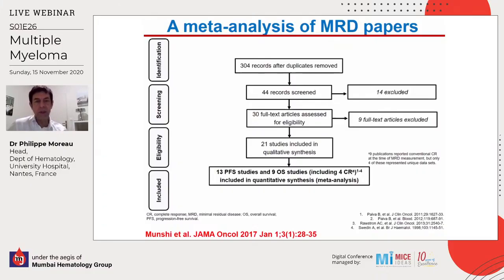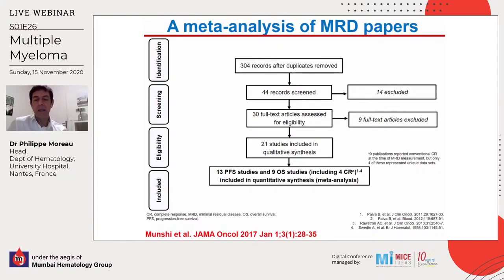You see here the number of studies: 13 studies were included in this paper for PFS, 9 studies at that time for overall survival, and in all of them, prospective analysis of CR, MRD negativity, and the outcome in a clinical study.